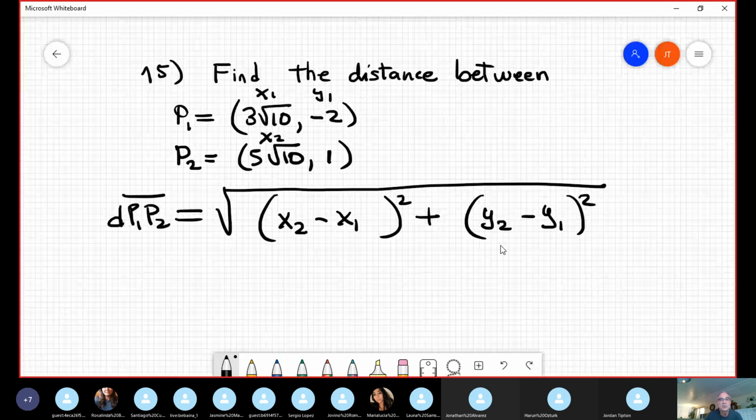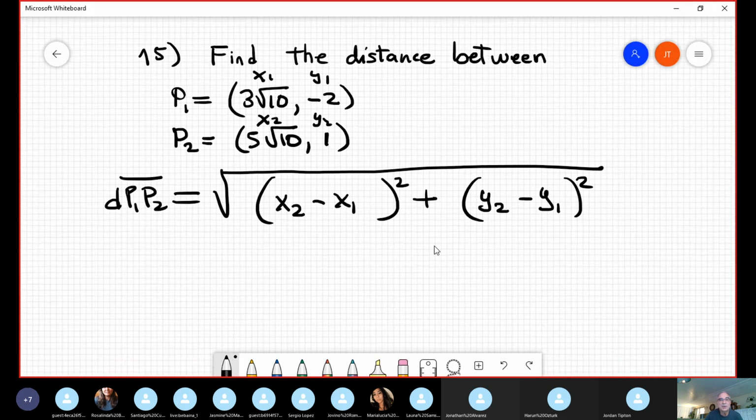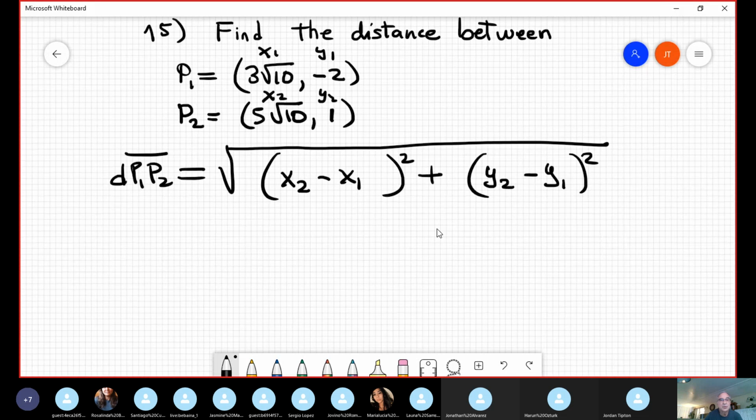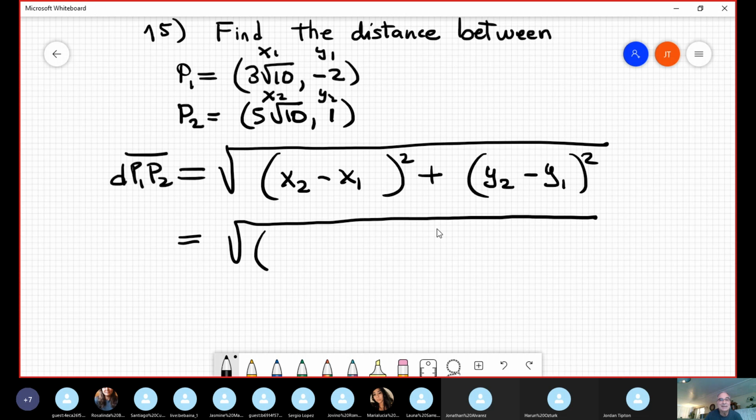This is x2, y2, associated with point 1 and point 2. Substitution: a big square root, and you're subtracting the x, and the x is 5 radical 10. But it doesn't matter. The order is not important here. The order changes the sign, but when you square, it becomes positive. But okay, I respect the order.